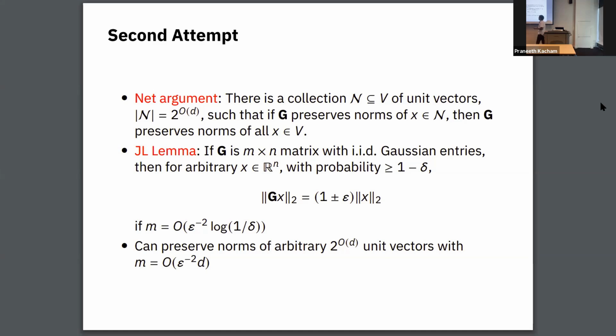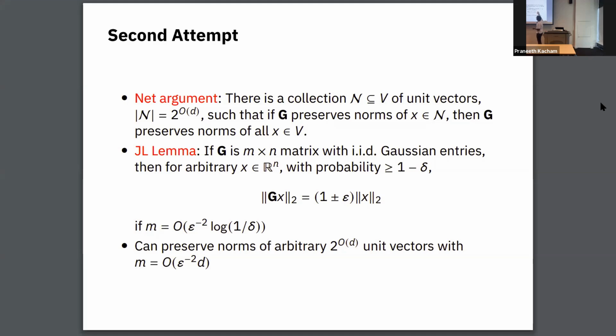And we have this famous JL lemma: if G is a Gaussian matrix, that is, each entry of G is independently and identically chosen from a Gaussian distribution, and if m is order epsilon to the -2 log 1 over delta, then for any arbitrary x, you can preserve its norm up to a 1 plus minus epsilon factor with probability 1 minus delta.